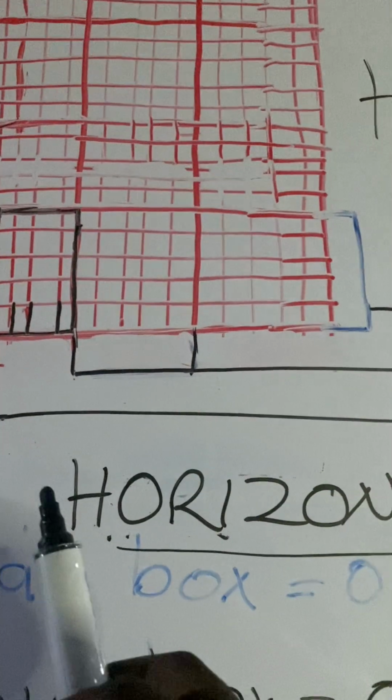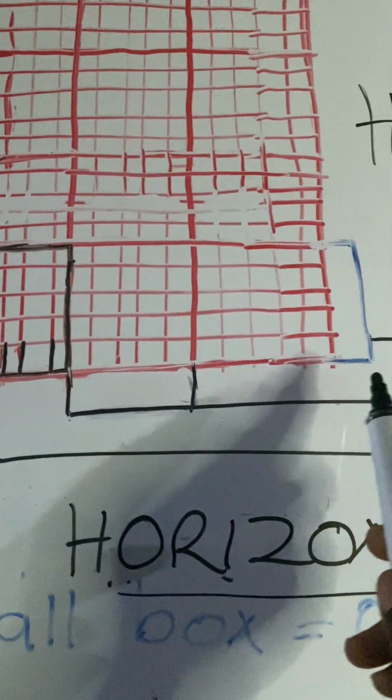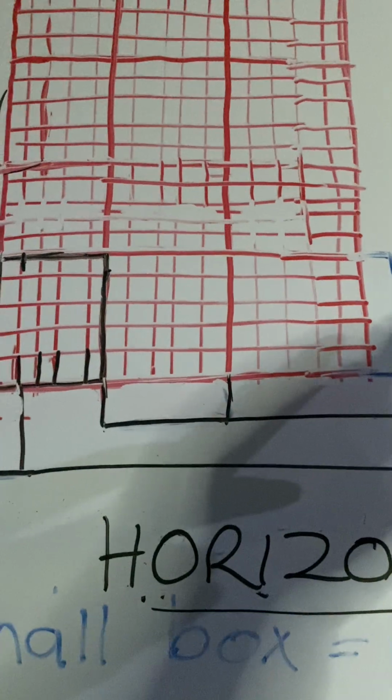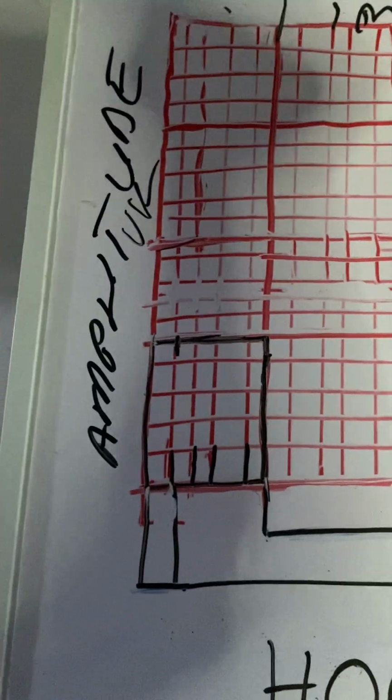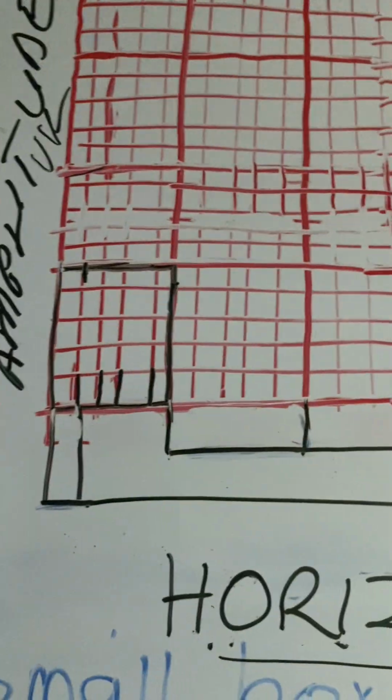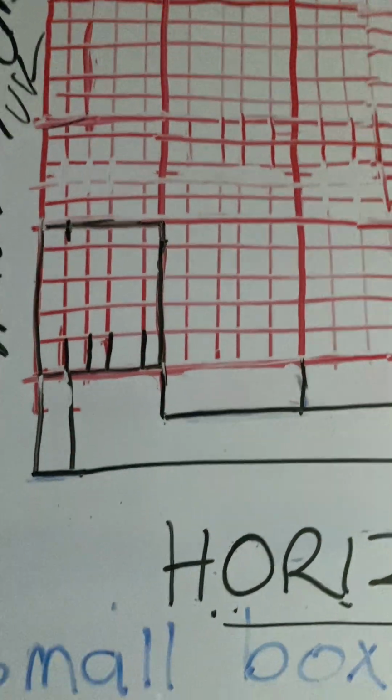All right, so on this axis we have our time, and then on the vertical axis we have our amplitude. Now pay attention.